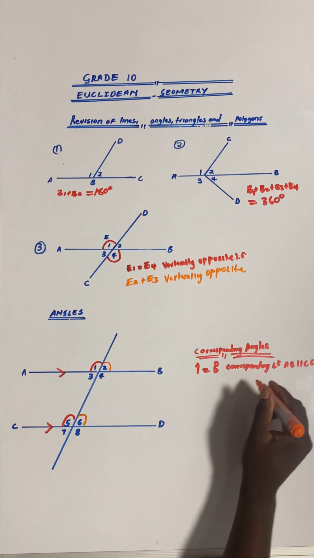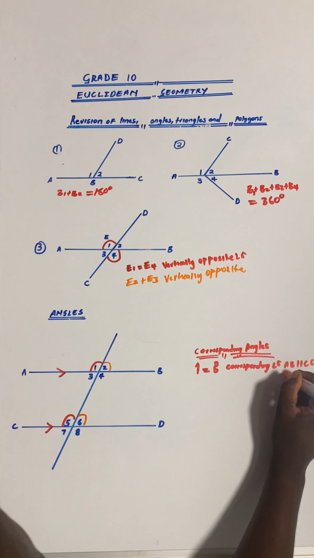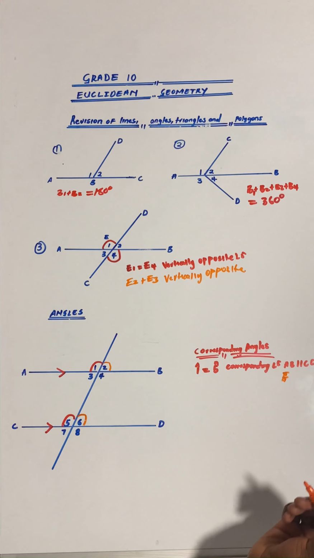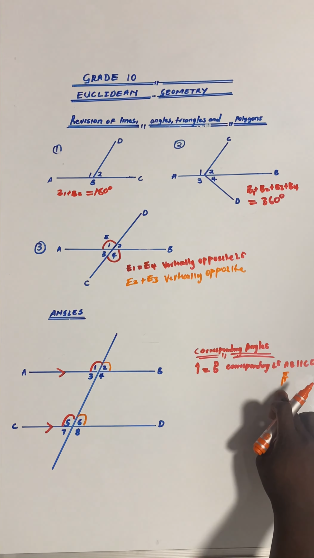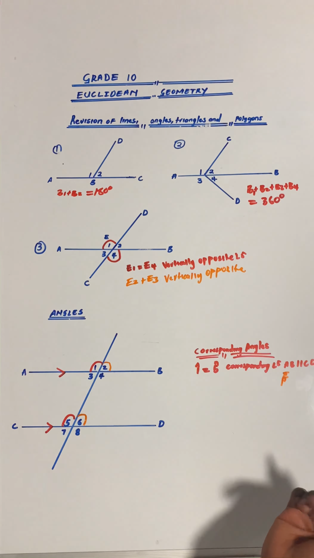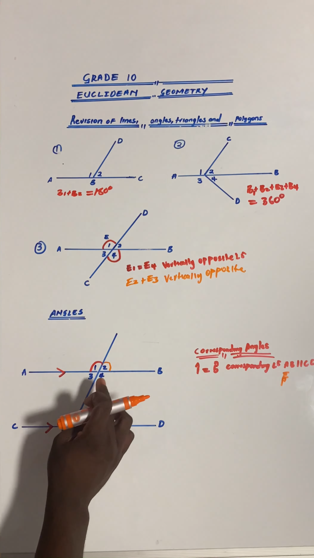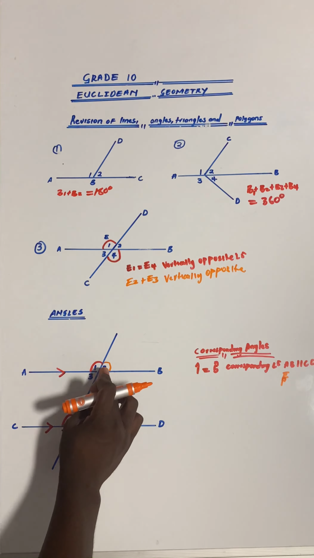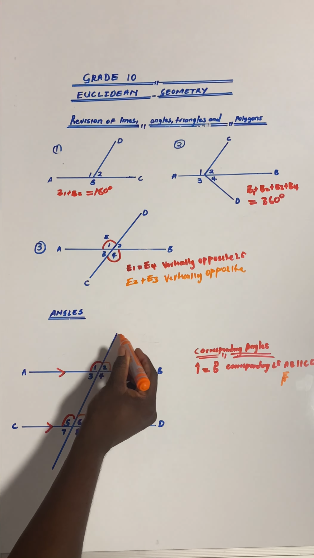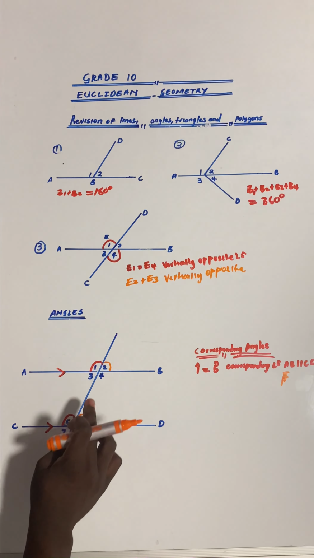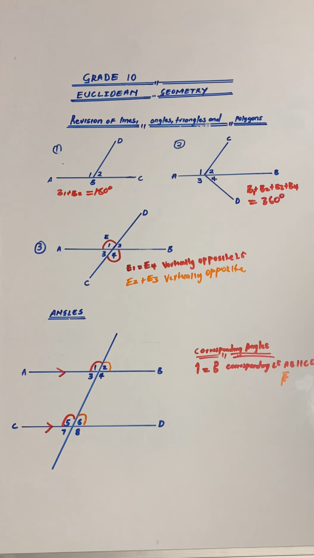Here we are forming an F shape too, right? If I draw a line here, this becomes an F. So that's how you see corresponding angles.